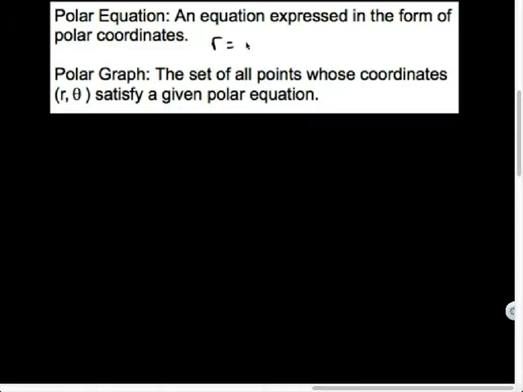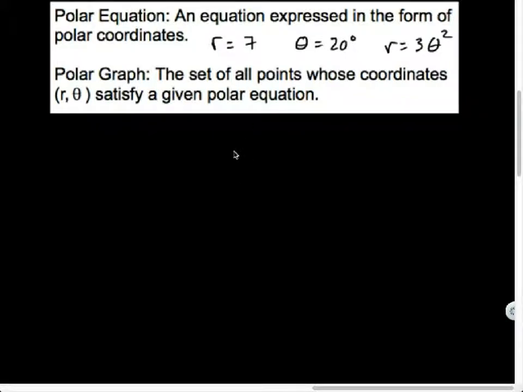That might be like r equals 7, or theta equals 20 degrees, or maybe even some combination, r equals 3 theta, or 3 theta squared. So you could actually have all sorts of crazy equations related to this stuff, and then end up graphing those as a result. And a polar graph is the set of all points whose coordinates r comma theta satisfy the given polar equation. So if I have this, I'm then interested in what are the infinitely many combinations of r and theta that make that equation true, and that's what I would be talking about.